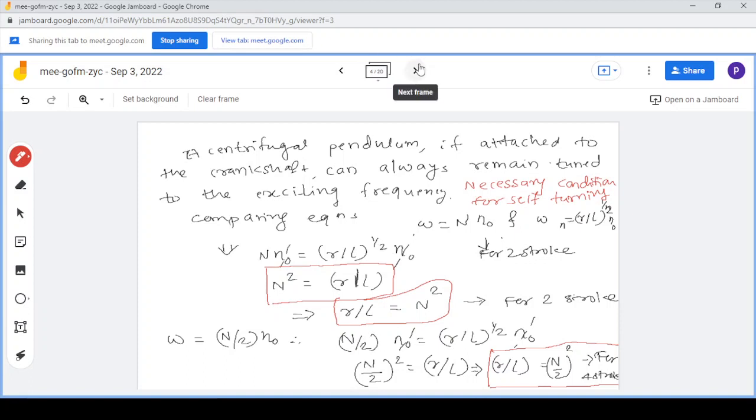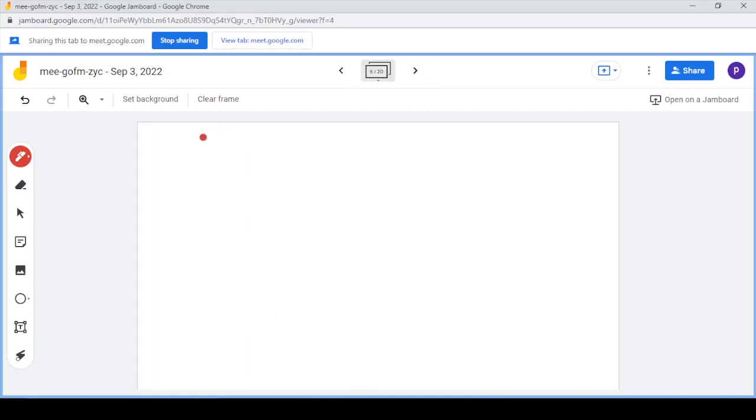Okay. Now let us look at the response of crankshaft with centrifugal pendulum.